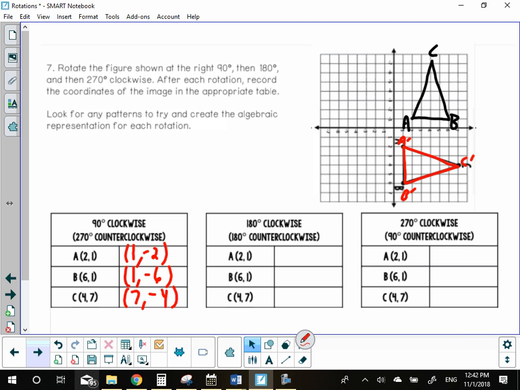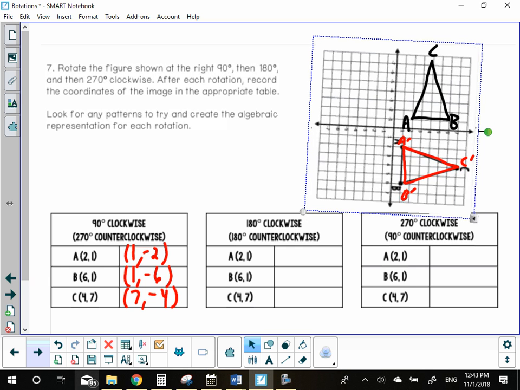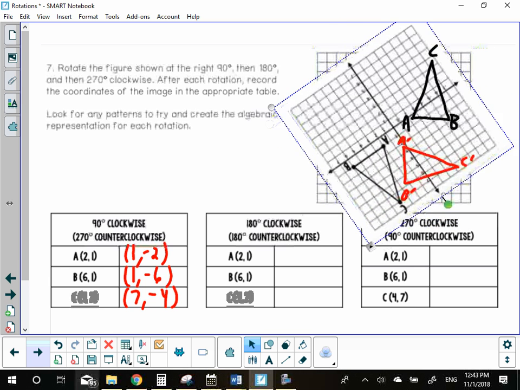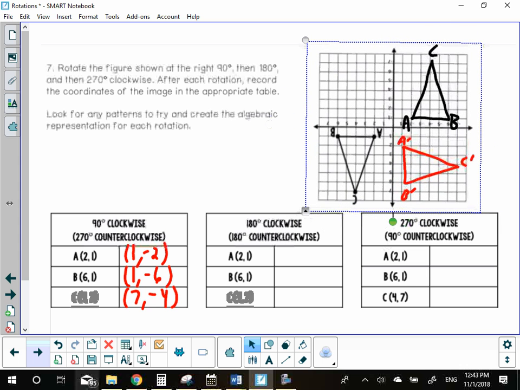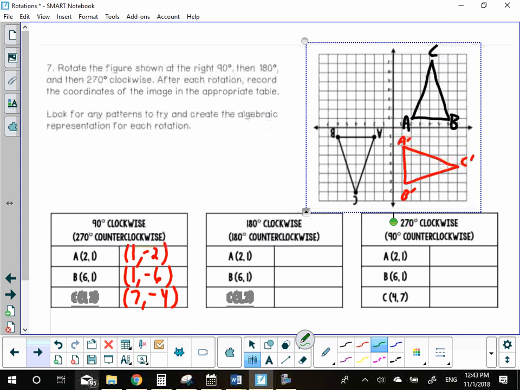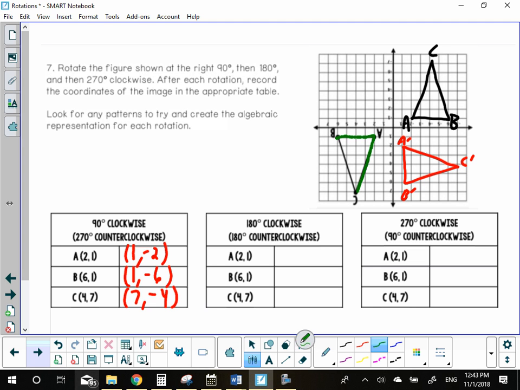Okay. Now we're going to do a 180 degree rotation. So we're just going to rotate it another 90 degrees. It should end up looking something like that.